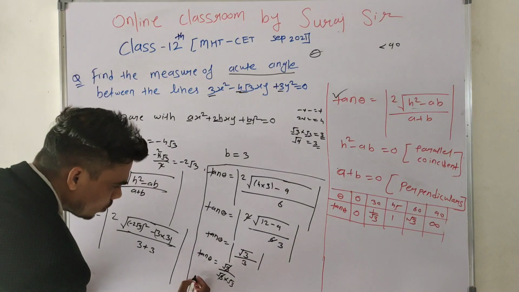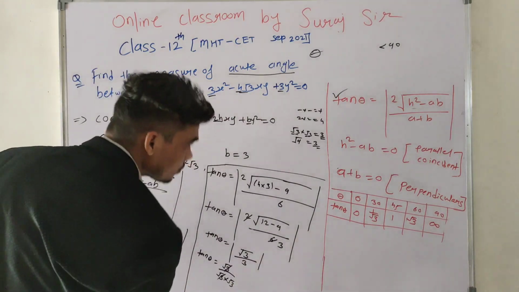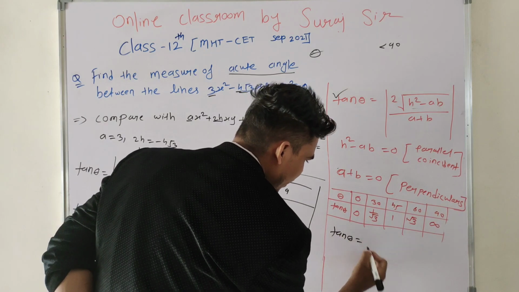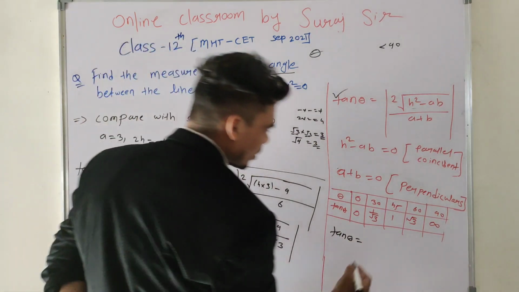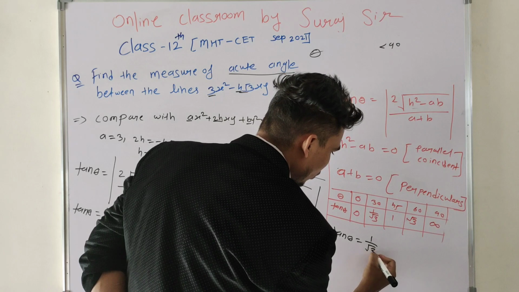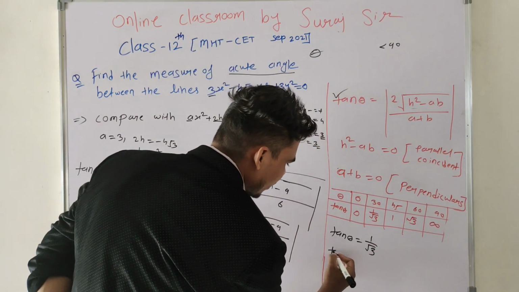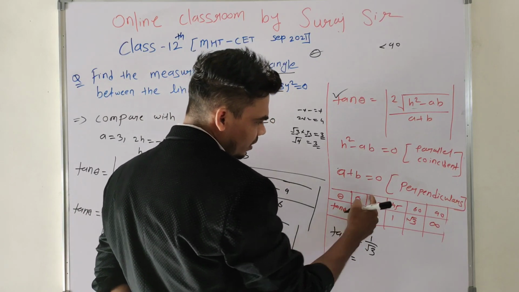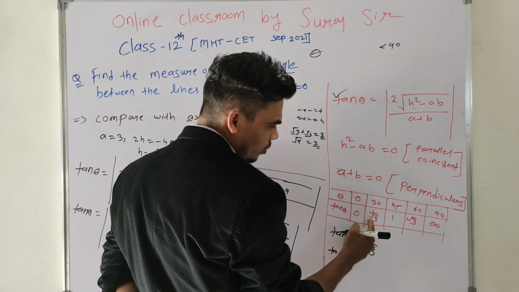Tan theta is equal to 1 upon root 3. The value of tan 30 is 1 upon root 3.